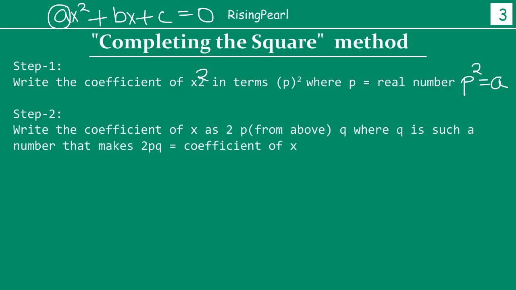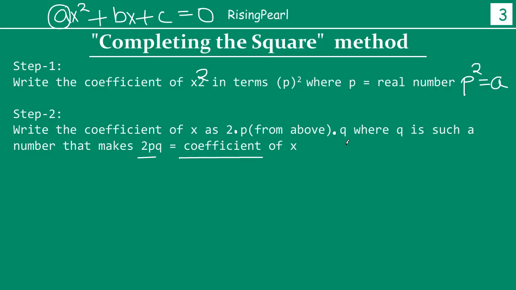The next step is we write the coefficient of x, the x term, which is plus b for us, as 2 times p times q. P is the value that we got from step 1. Now what is q? The value of q is such that 2 times p times q equals the coefficient of x.